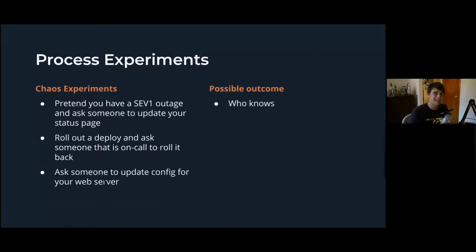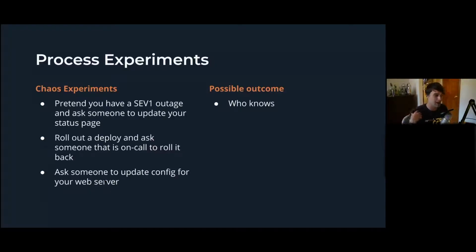Now, process experiments can be run in a very similar fashion. Chaos engineering obviously focuses on the computers and how they interact with each other when thrown into a certain state. But with a process experiment, there are so many other outcomes that could possibly happen. The reason I like process experiments is that people are going to solve problems different ways.